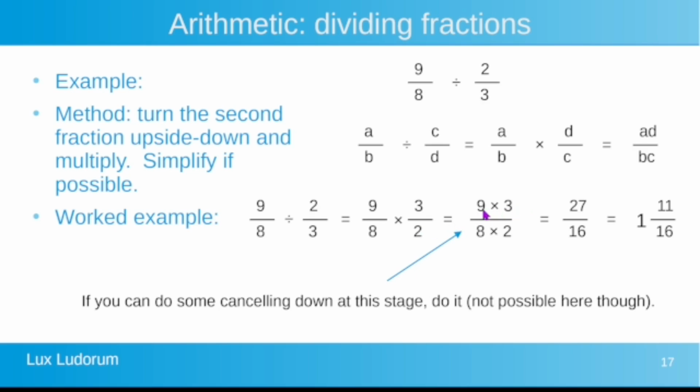And that's 9 times 3 over 8 times 2, which is 27 on the top, divided by 16 on the bottom. That is an improper fraction, so we can write it as a mixed number, 1 and 11/16.